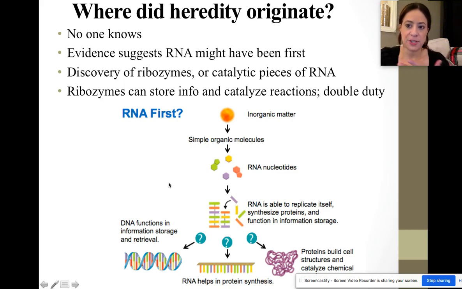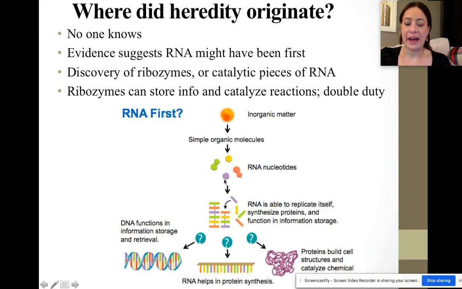So returning to RNA, we had inorganic matter, and first the assembly of just the individual monomers, the assembly of RNA nucleotides.